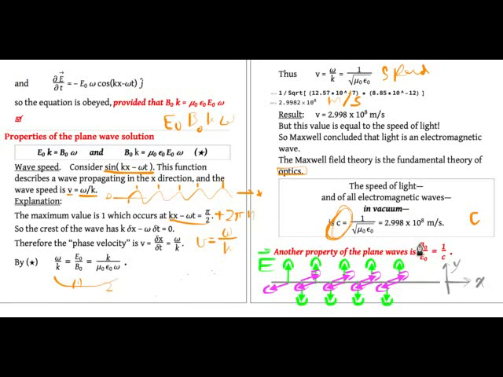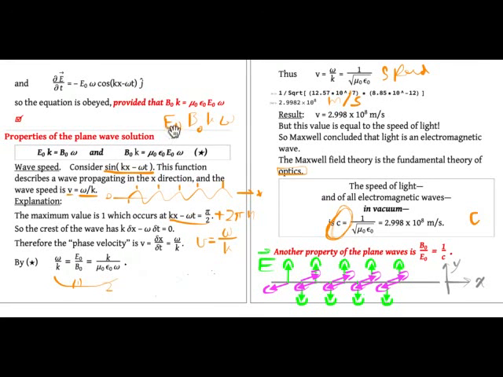So in other words, you can't have a magnetic wave without an electric wave. And you can't have an electric wave without a magnetic wave. If you have an electric wave, you must have a magnetic wave with the amplitude E0 over c. And if you have a magnetic wave, you must have an electric wave with the amplitude c times B0.